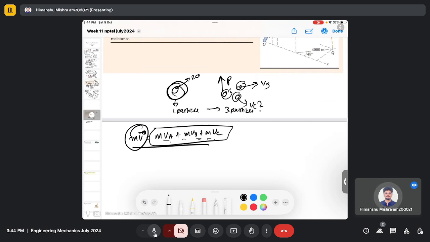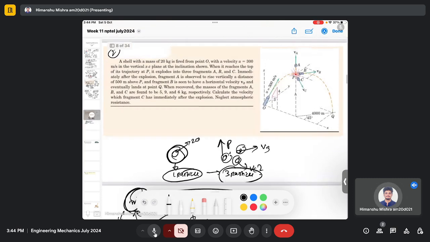So momentum conservation tells me that the momentum of one particle, which is the initial state, equals the momentum of these three particles at the final stage, which is basically this expression. So this is my initial momentum and this is my final momentum due to three particles. And these are the linear momentum. We are not talking about the angular momentum here.